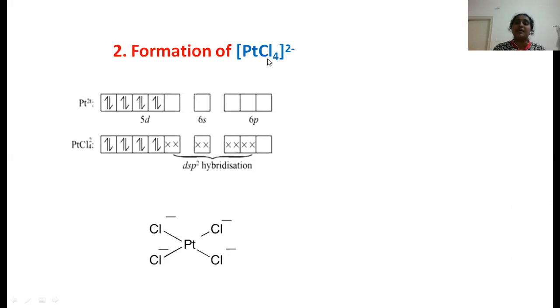Actually, with a weak field ligand it should involve sp3 hybridization, but platinum +2, palladium +2 and nickel +2 always try to get dsp2 hybridization and form the square planar geometry. So in this complex also all the electrons are paired, hence it is also a diamagnetic complex.